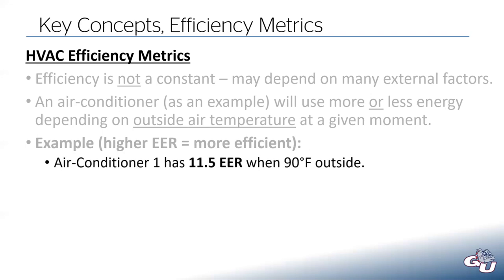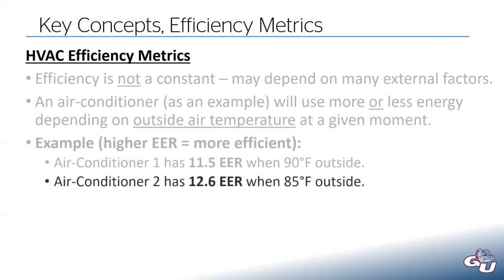If we say air conditioner 1 has an efficiency of 11.5 EER when it's 90 degrees outside, reasonably hot day, so we'll probably need to run our air conditioner. And the second air conditioner has an efficiency of 12.6 EER when it's 85 degrees outside.